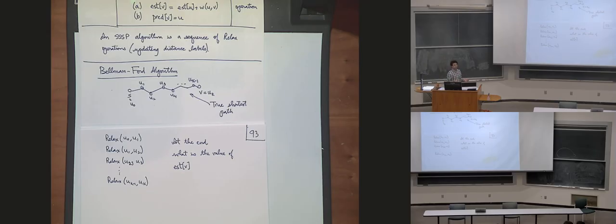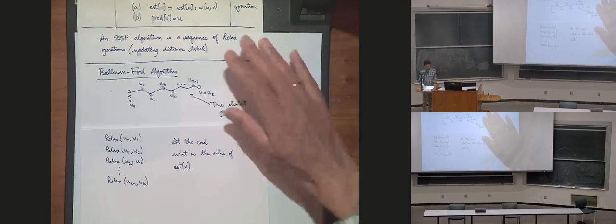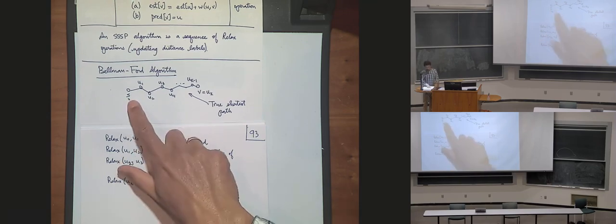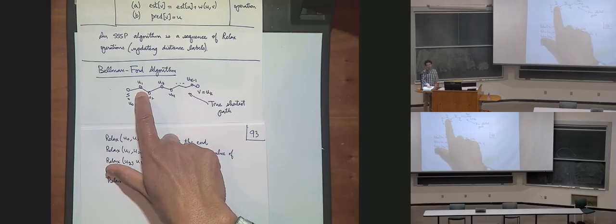The estimate of S to V will become the distance to V. It will have converged to the right value. Why? Because of the invariant, but why is it going to be exactly equal? This is the shortest path. So what's going to happen is that in the first step, you're going to get the distance to U1 correctly.